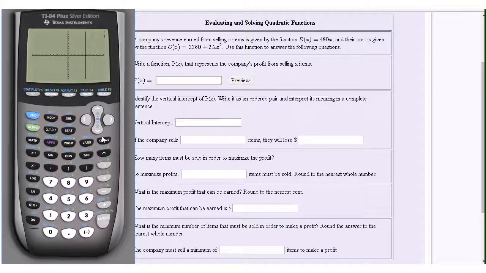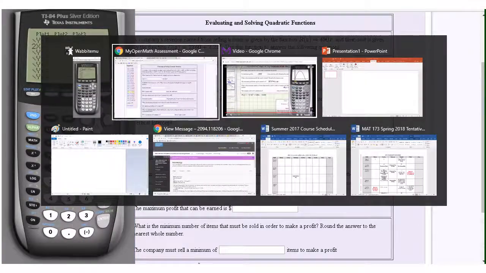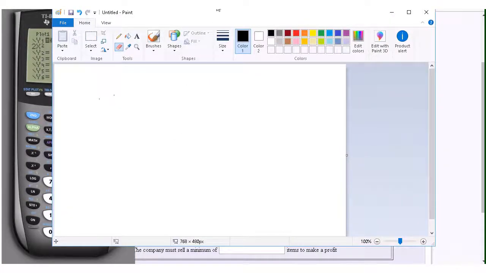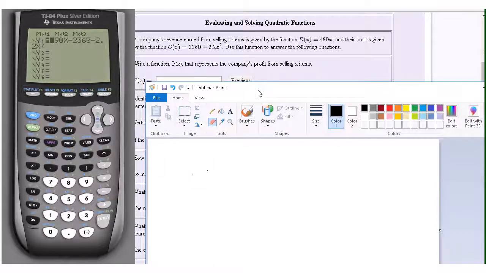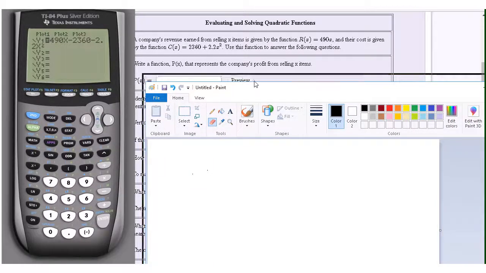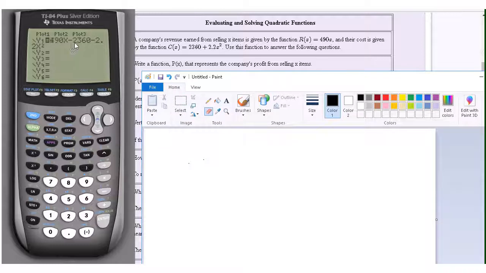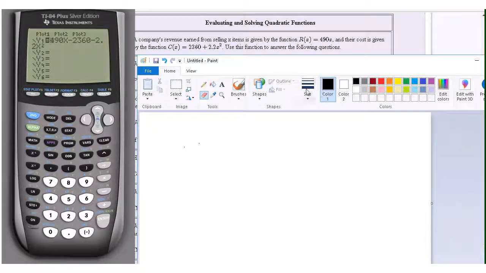The best place to start is to first take a look at your function and figure out where the vertical intercept and where the vertex is going to be. For example, on this one, this is the C term right here, the negative 2360. So I know that's going to be my vertical intercept.